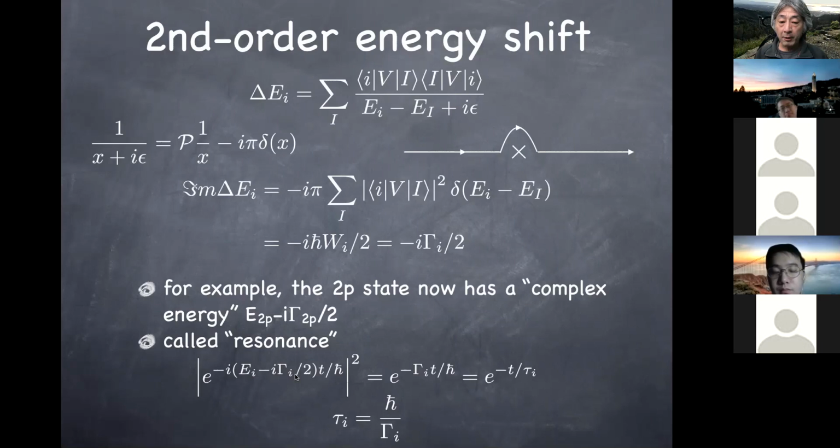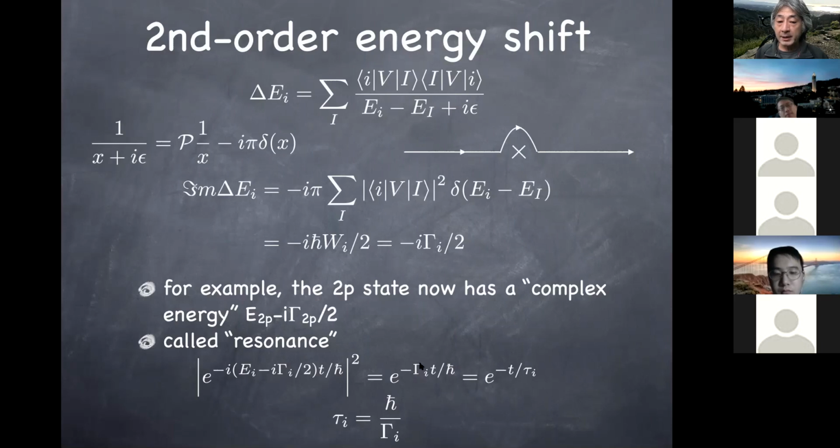And this imaginary part, together with the minus i up front, now gives you a real exponent, which is exponentially decaying as a function of time. So if you take the absolute square to compute the probability, even though we are looking at the energy eigenstate, it's no longer stationary, it actually damps exponentially as a function of time.